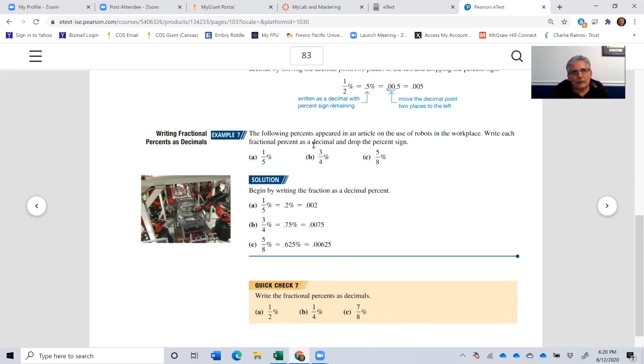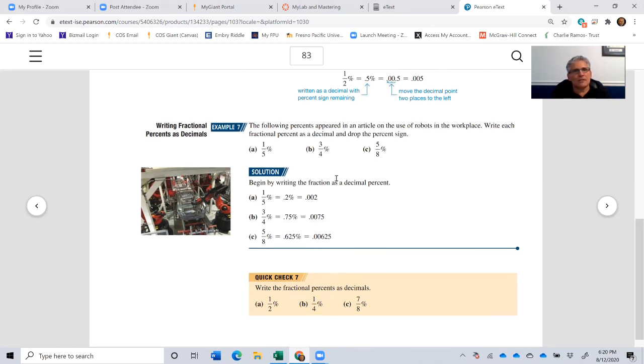And now that we've got the 3/4, we'll add the percent sign. 0.75%, or 3/4 of a percent, that's less than 1%. So when we convert this to a decimal, same thing, we slide it to the left 2 times, and we end up with 0.0075. You can figure the next one.